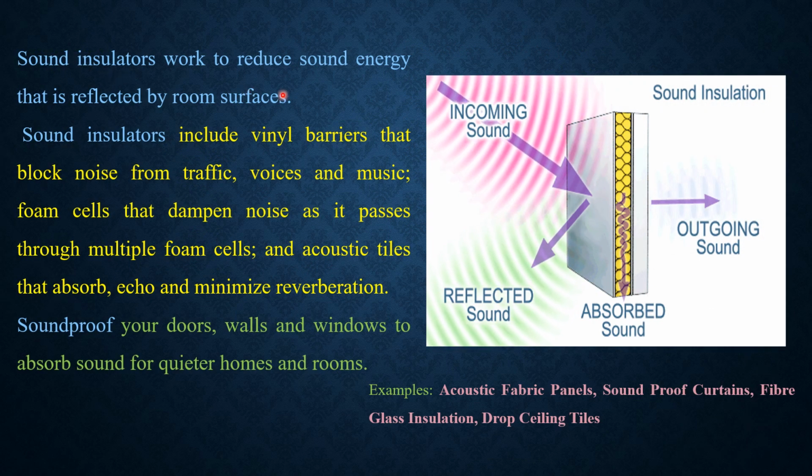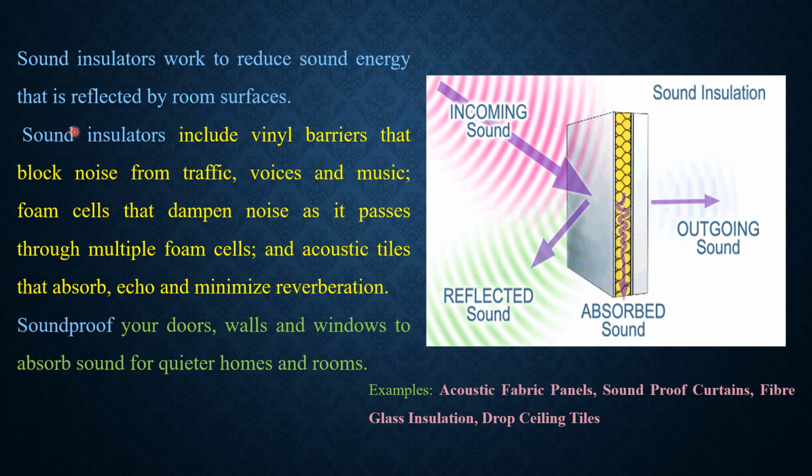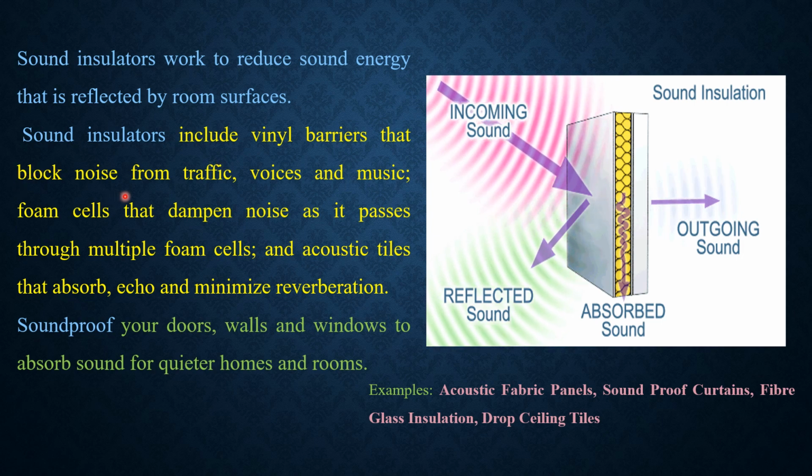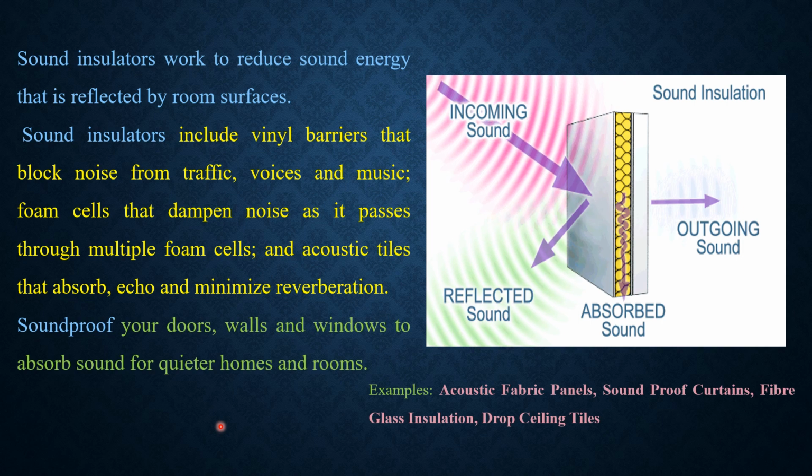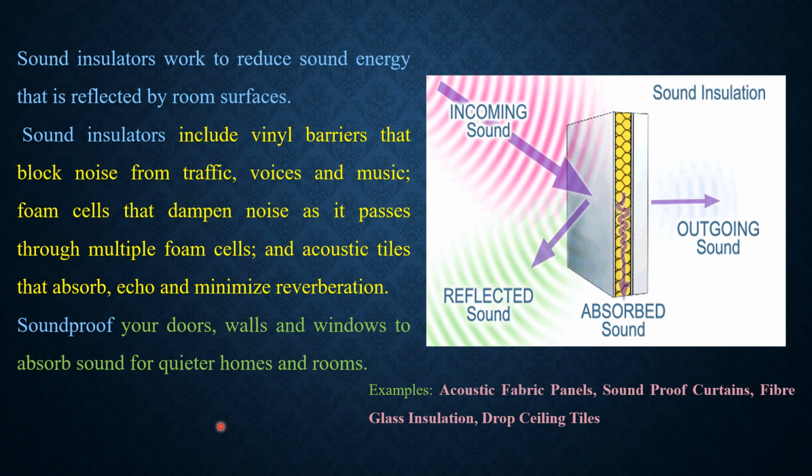Sound insulators are very helpful to reduce sound energy, which is reflected by the room surface. Sound insulators include vinyl barriers that block noise from traffic, voices and music, foam cells that dampen noise as it passes through multiple foam cells, and acoustic tiles that absorb echo and minimize reverberation.